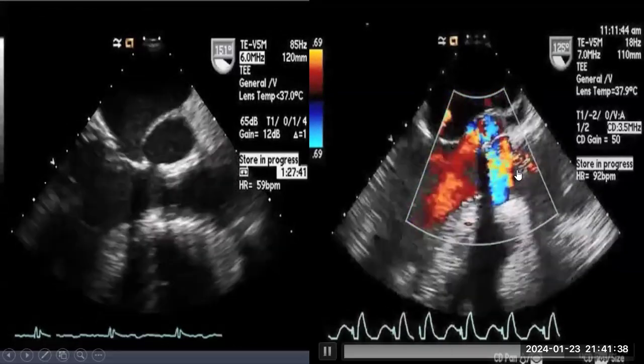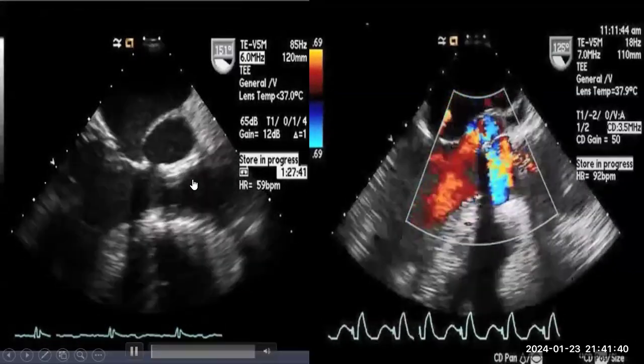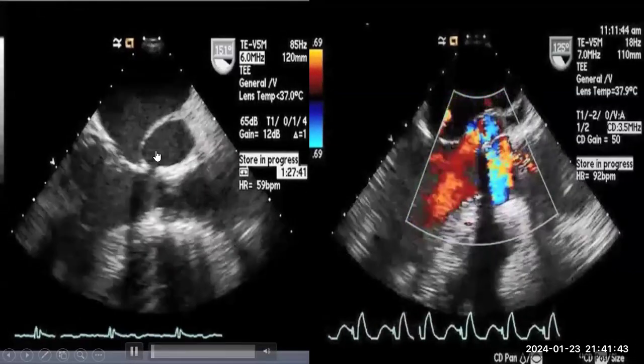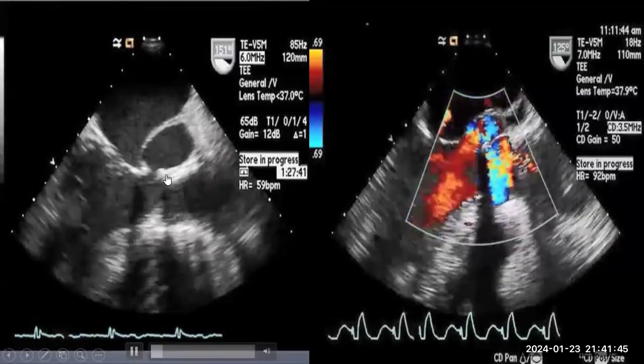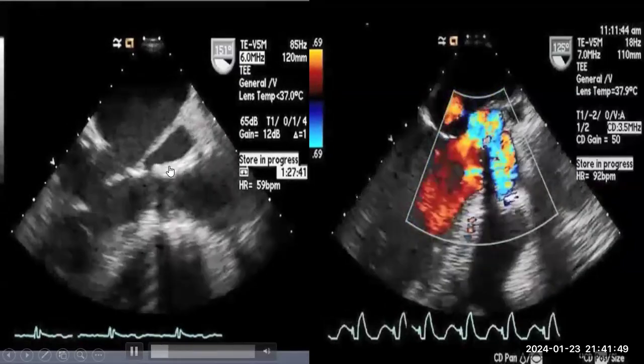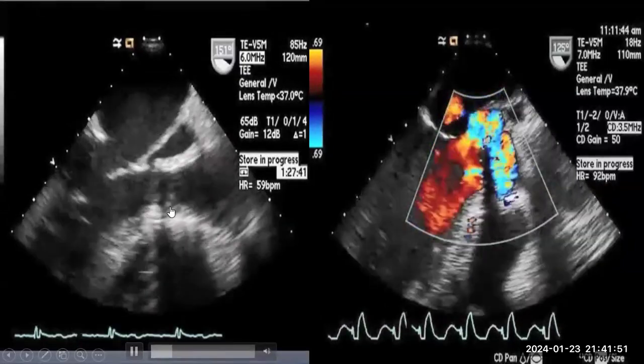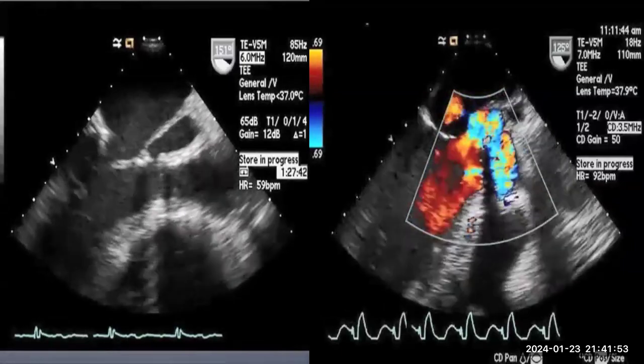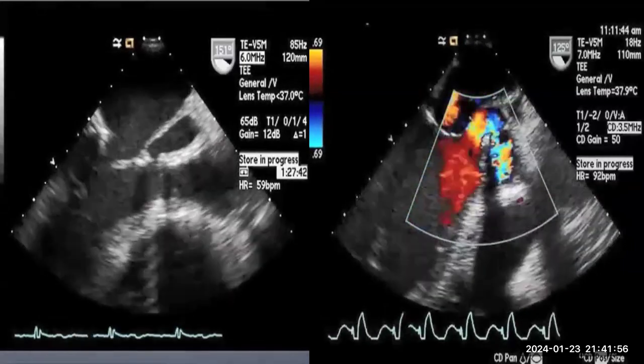So now, whenever you see that there is like an abscess formation, even the movement of the aortic valve here, it looks like bulging a little bit up with the systole. So based on the sheet, what you can comment?